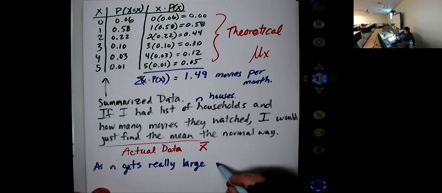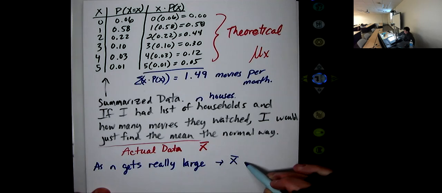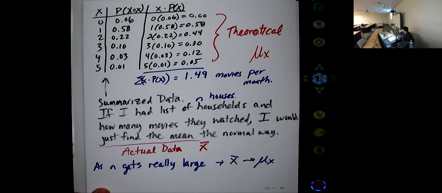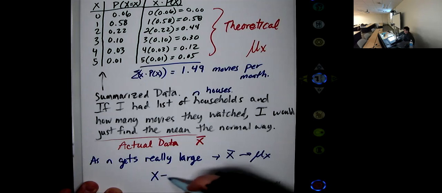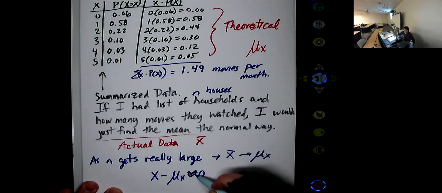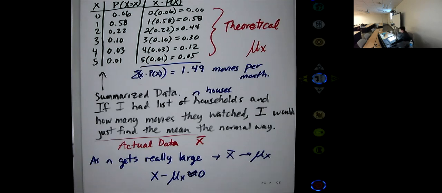As n gets really large, the x bar, the sample mean, gets close to the actual theoretical mean. Or another way of looking at that is x bar minus mu of x goes to 0, or is approximately 0 as n gets really large.